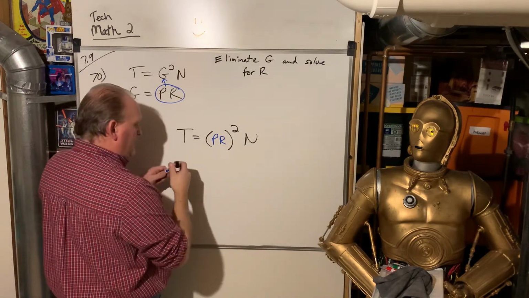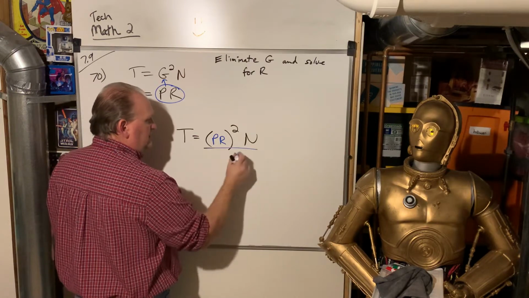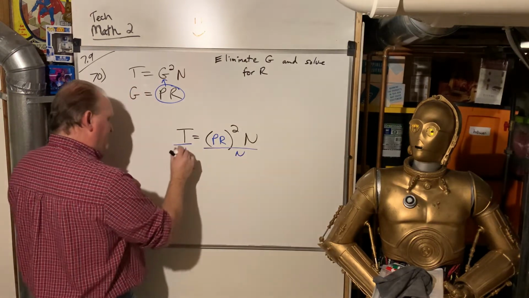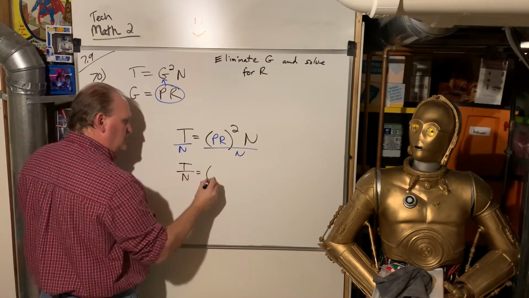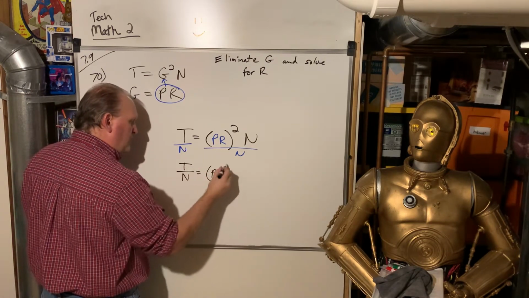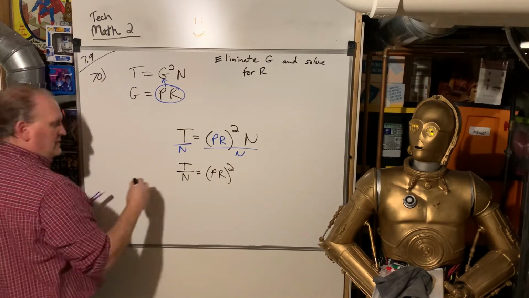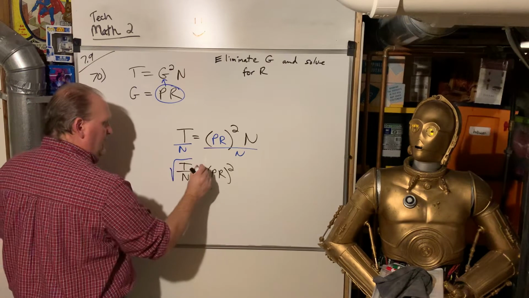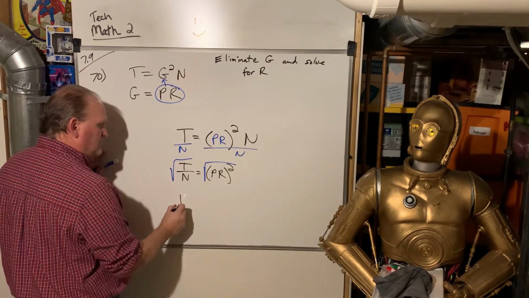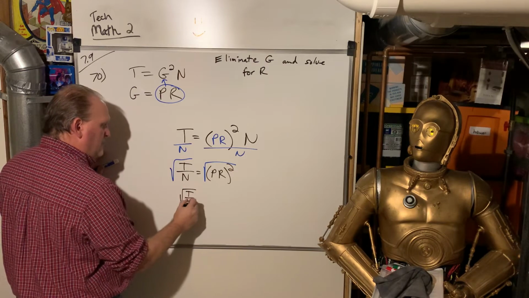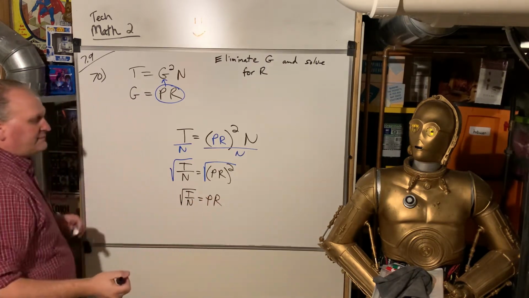So to do that, we would first divide out the N. So we have T over N is equal to PR squared. And now we're going to do, well, I already erased it, obviously, but we're going to do the square root of both sides. And so now we've got the square root of T over N is equal to PR.